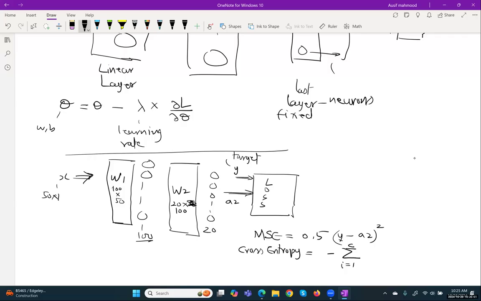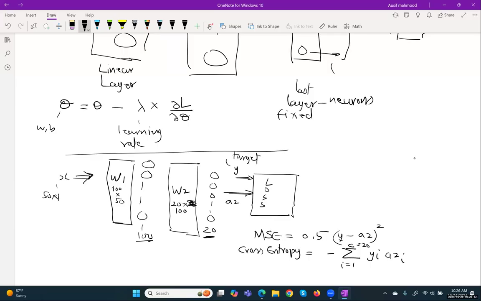So if C is the number of classes, in this example, what will be C? I have 20 neurons in the last layer, so C will be 20, right? So then we will go Y of i and A2 of i.